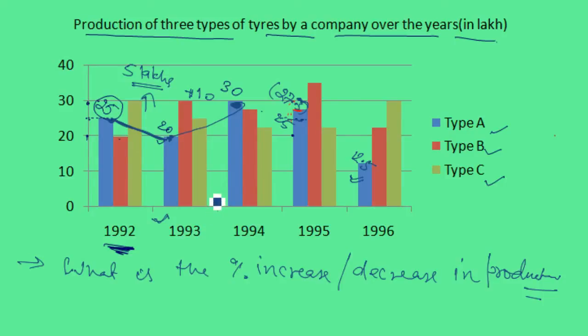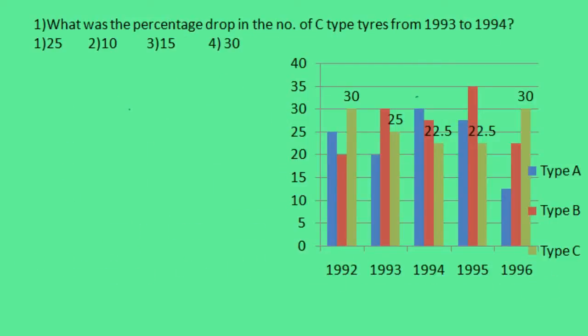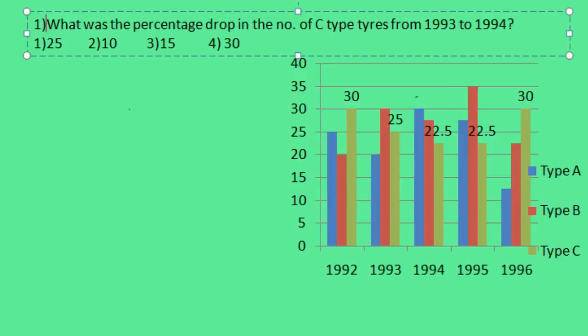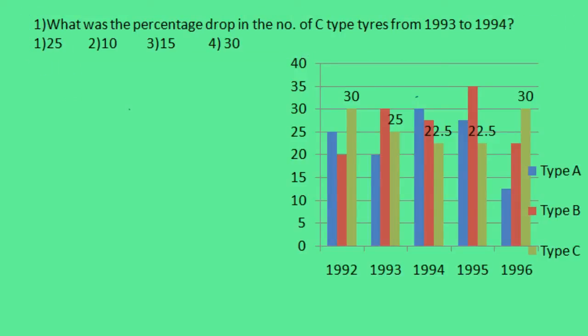Okay, so let's see. The question is, what was the percentage drop in the number of C type tires from 93 to 94?